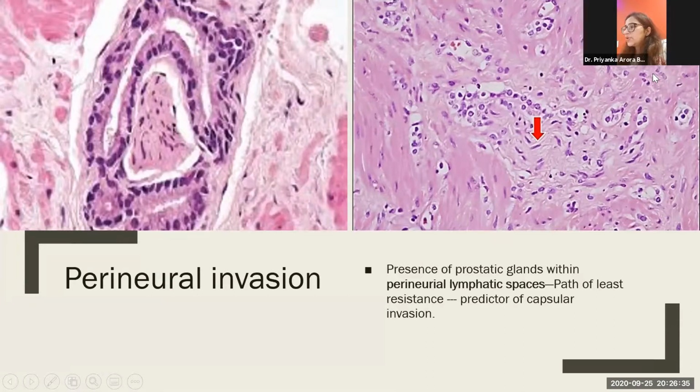It is the presence of prostatic glands within the perineural lymphatic spaces, the path of least resistance, and a predictor of capsular invasion. On a biopsy it is very important to mention this; it's a core data element that you have to report, whether you found perineural invasion or not.